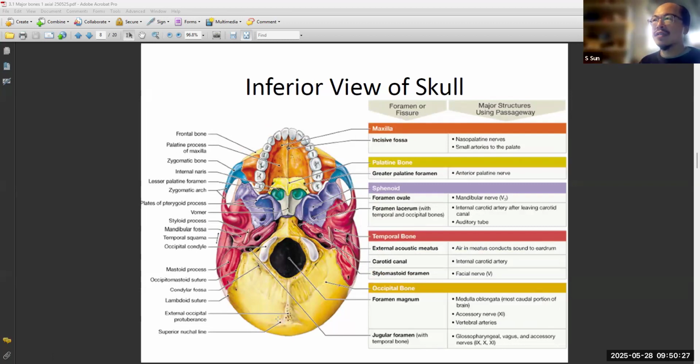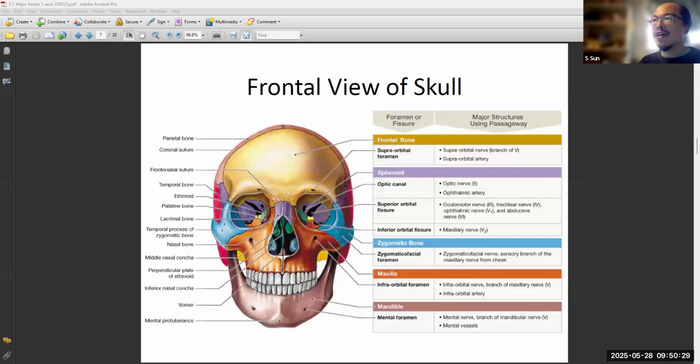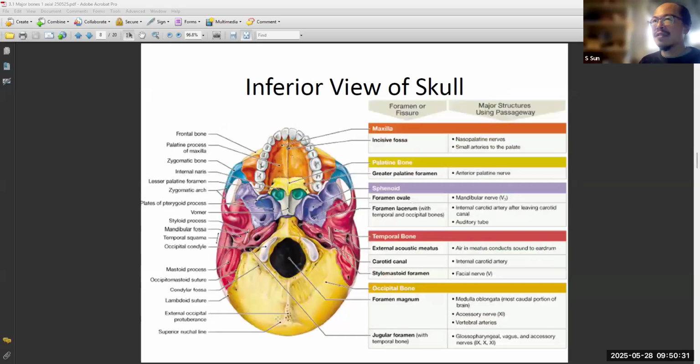So we look at the top, and then here is the bottom. From the bottom, you see a lot of bone structure that you don't see otherwise, particularly in the middle and bottom of the skull.